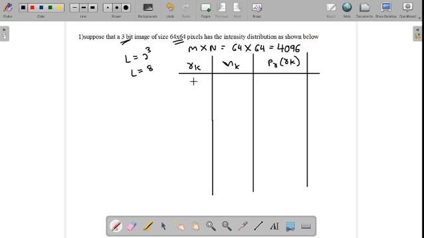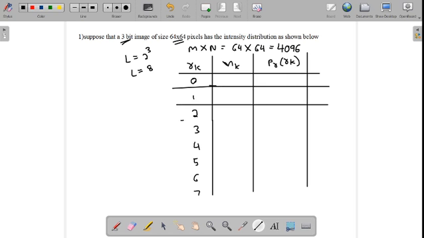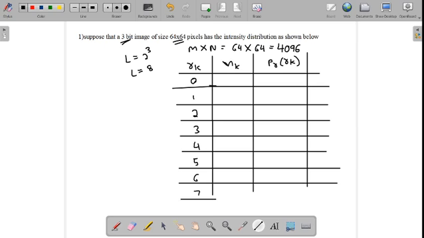Intensity levels are how much? 8. So it is 0, 1, 2, 3, 4, 5, 6 and 7. This is your original image.